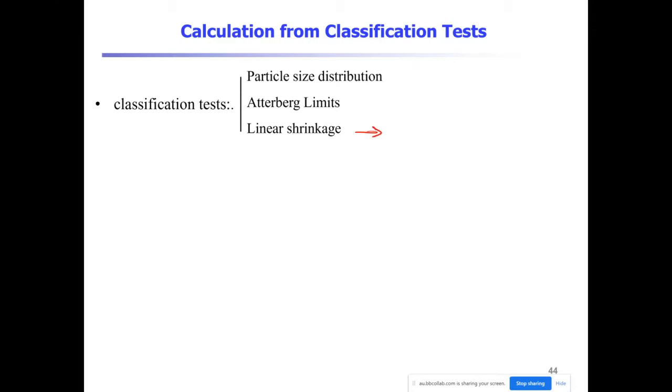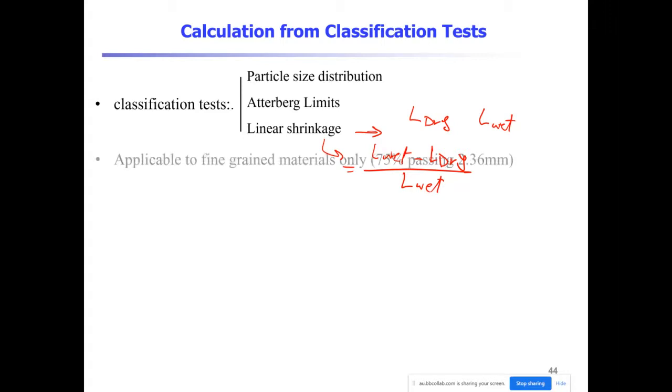When you put it in the oven, it is L dry, the length for dry, and we have L before dryness, I write it as L wet. So to calculate linear shrinkage, you can simply write L wet minus L dry over the initial length of the sample. And that will give you the linear shrinkage. It is a very straightforward test that you can conduct.